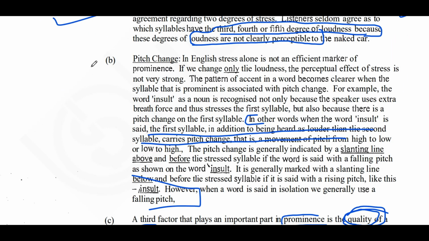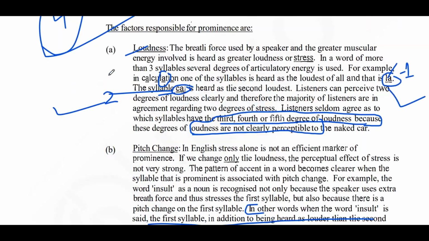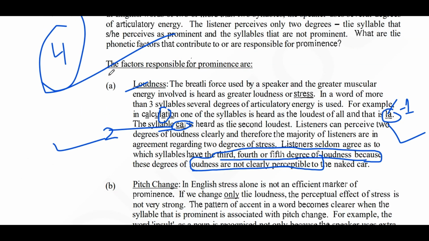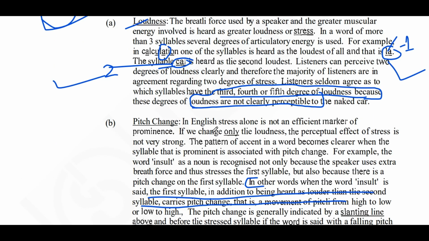With this, we move to the second responsible factor for prominence, which is pitch change. Now they have taken the example of the word insult. Insult as a noun is recognized not only by the speakers, it uses extra breath and extra force, and thus the stress is on the first syllable, because there is a pitch change in the first syllable.